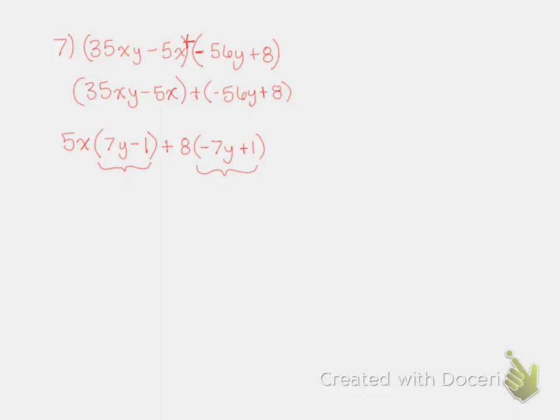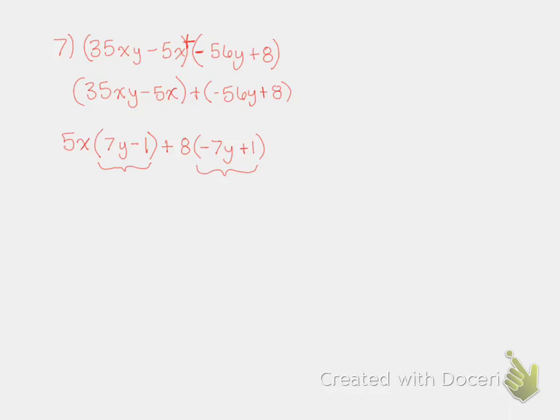Well, no. But they are exactly opposite. So you have a positive 7y and a negative 7y. You have a negative 1 and a positive 1. So how you can actually force these to be the same. How do you change signs whenever you're factoring? Well, you just factor out a negative.